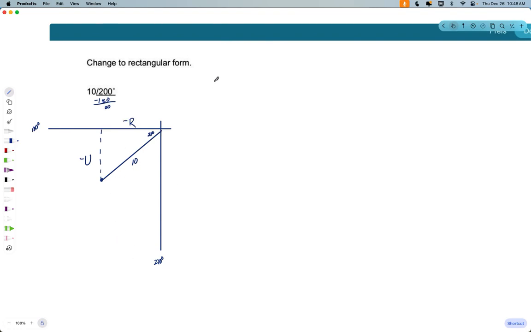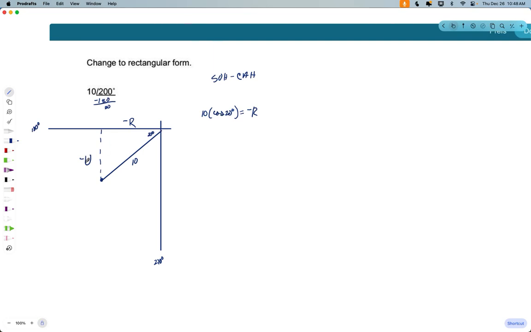So now we have so ka, right? I want the R first. So the adjacent is the cosine. So 10 times the cosine of 20 degrees is equal to negative R. And I want to do the opposite, which is opposite 20 degrees.